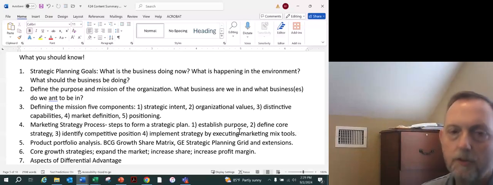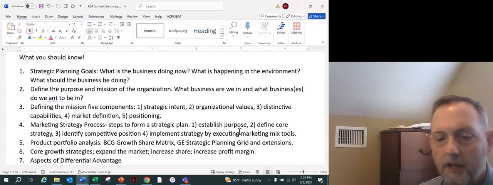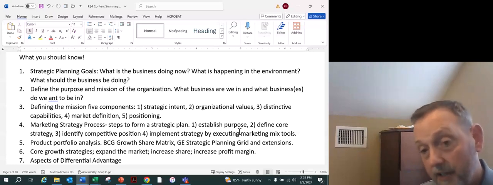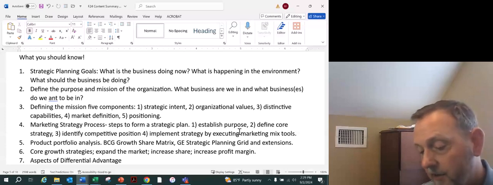Now, since then, the purpose and role of the firm has emerged to oftentimes include some type of a social element as well as a financial element.